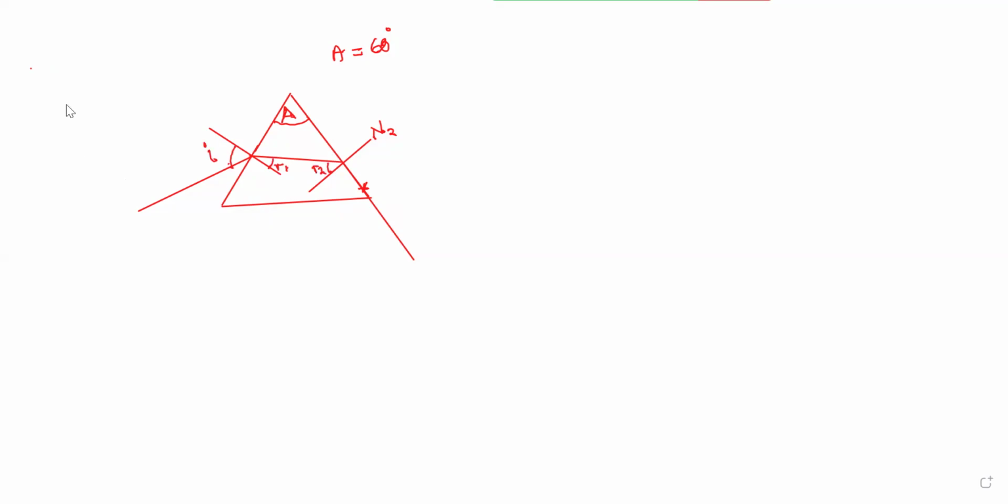When we extend the first normal, we have this. So for us to get an emergent ray of 90, it means that R2 must be equal to the critical angle of the material for us to have total internal reflection occurring. Therefore, R2 is equal to the critical angle.